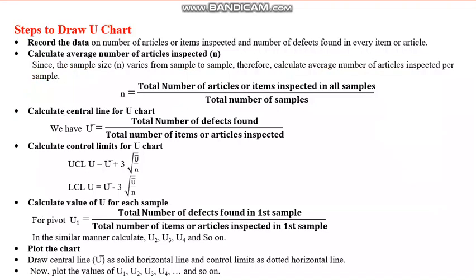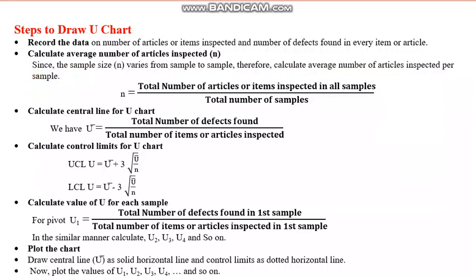Now here one step more will be there, because the sample size is different. First record the data, second calculate the sample size n. n is the total number of articles inspected in all samples divided by the total number of samples. This is the formula. Next calculate the center line, that is u bar, which is the total number of defects found upon the total number of items inspected.